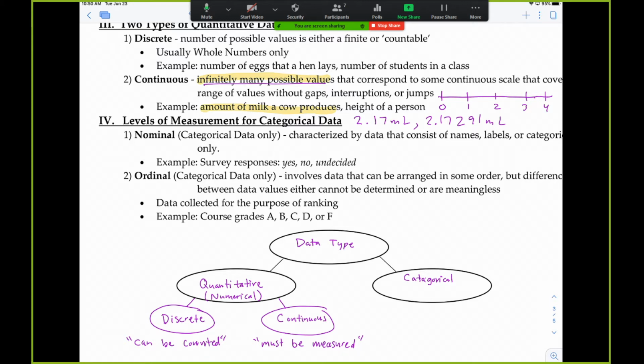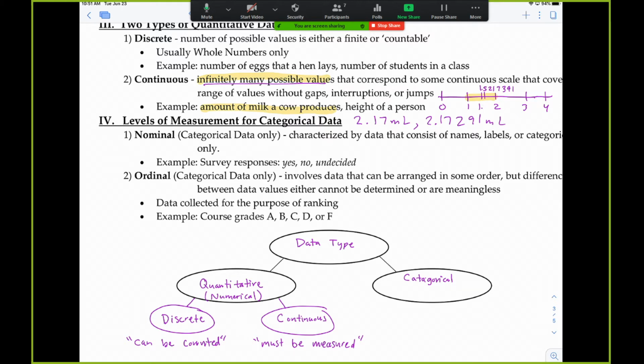But technically we can get any values in between, like from 1 to 2. We can get a cow that produces 1.5, or a cow that produces 1.52173991. There's an infinite number of values that are possible for the amount of milk produced by a cow. That's when it's continuous. And because there's an infinite amount, we have to measure it. We can't just count the amount of milk produced by a cow. We have to measure it with some kind of tool, right?